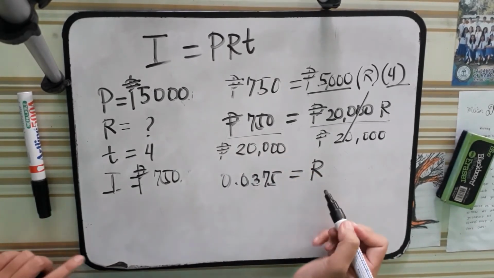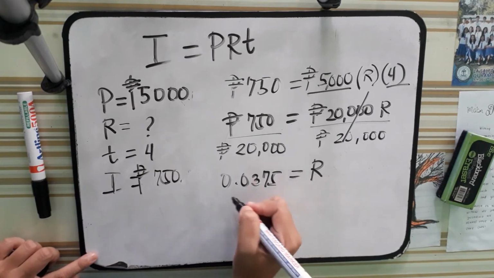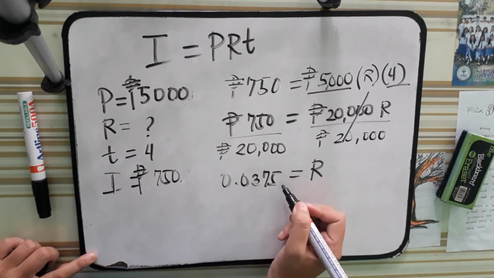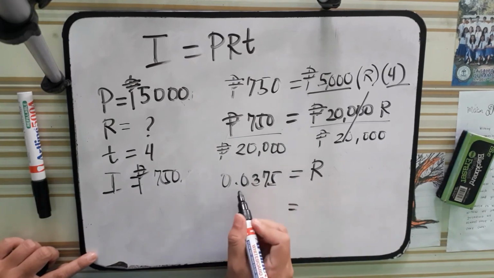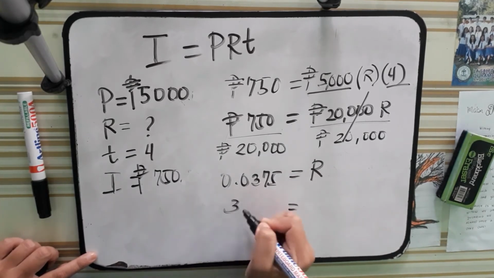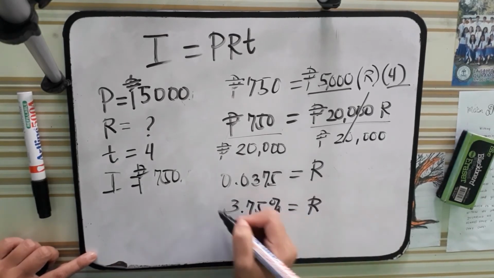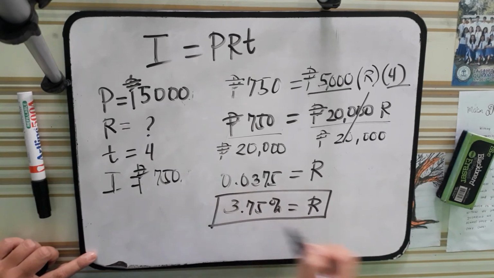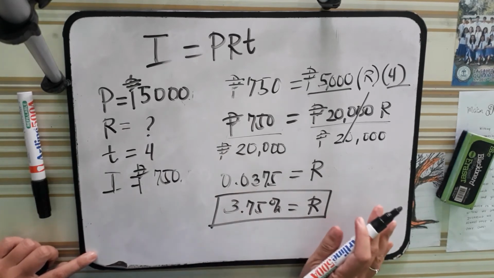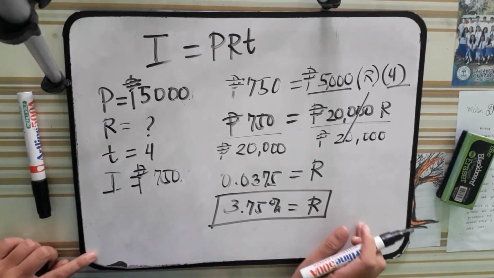And to get the exact rate, we need to multiply our answer by 100. If you multiply 0.0375 by 100, the answer is 3.75%. So that will be the rate for the savings account where Jeremy invested 5,000 pesos.